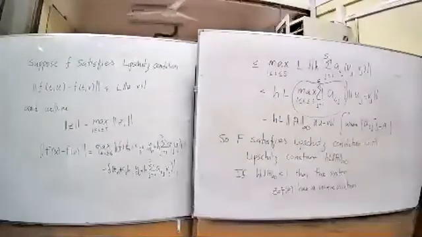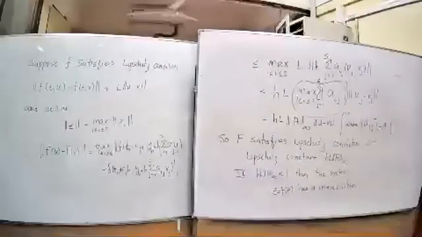A continuous function on a closed bounded interval that satisfies such a Lipschitz constant, we call it a contraction mapping. That is, a function with Lipschitz constant less than 1 has a unique fixed point.